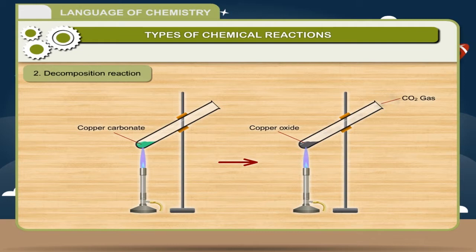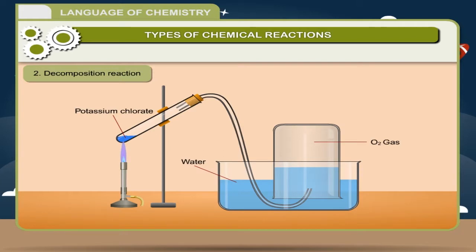Some examples of decomposition reactions are as follows. Potassium chlorate on heating decomposes to form potassium chloride and oxygen. 2KClO3 on heating gives 2KCl + 3O2.